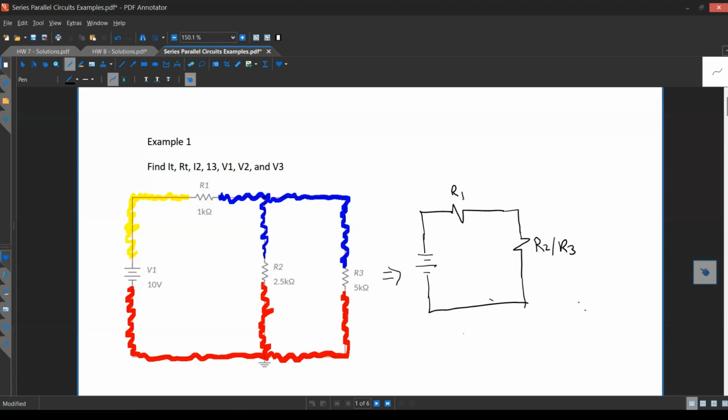So let's calculate R2 in parallel with R3. I'm going to use the product over sum method. All right, let me plug that in.